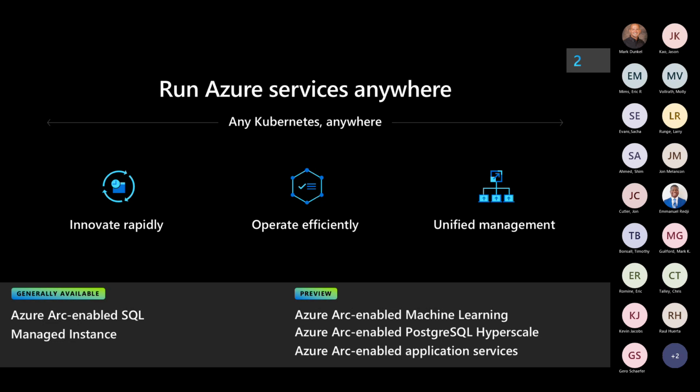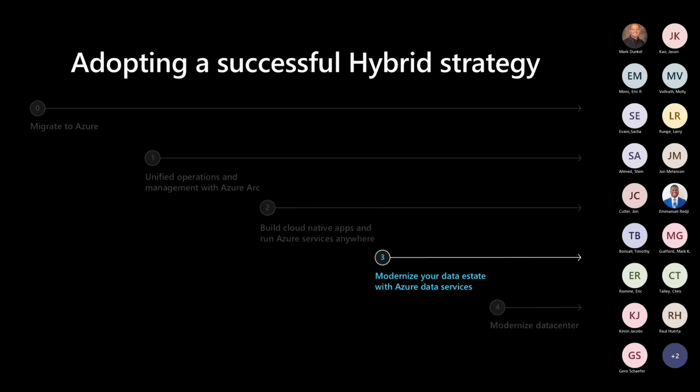So one of the things is that because it's cloud-based, we can run those services and run them anywhere, but in a highly scalable and ever-changing environment, because what this allows us to do is bring those services in and add on it. As you go into the managed instances, and I'll show you in a second, you can modernize those data estates with data services and get that done.